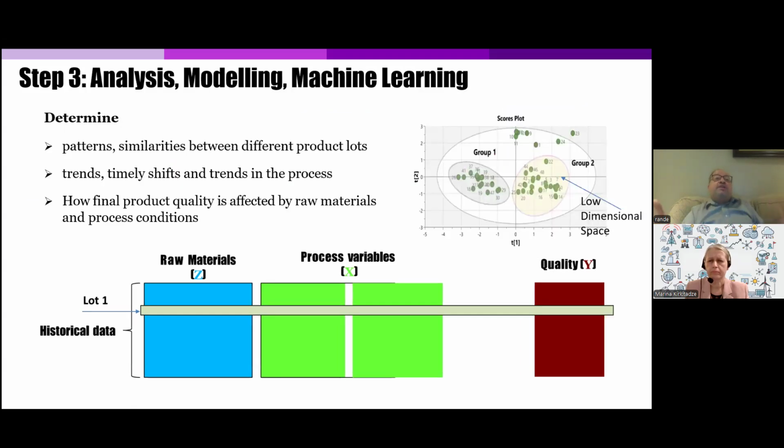Now let's go to the next step, analysis and modeling. So imagine all of these thousands and thousands of measurements and data from different instruments and different unit operations. We apply machine learning in order to extract the most important information and summarize all this information into a low dimensional space.